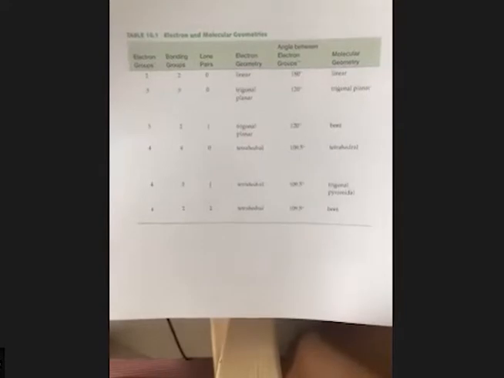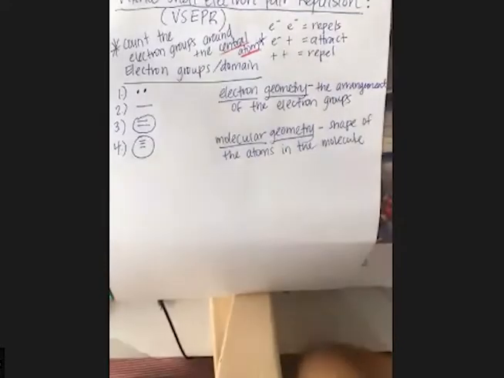We're basically going to use this table to determine what our geometry is going to be, and I'm going to show you how to read the table. So give me a thumbs up if you see it. It's under content, lecture worksheets, chapter 10. Yes. Okay, great.